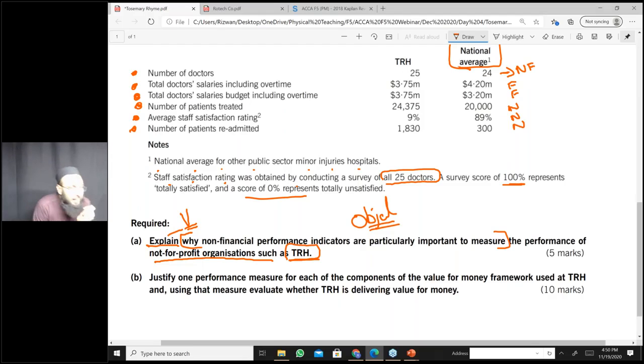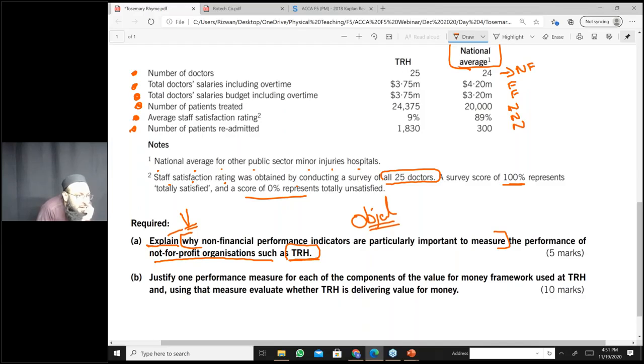So a quick one. What do you think? A raw thought. What is coming to your mind? Are non-financials important for the public sector? What's the first initial thought coming to your mind? Quickly, general points. Why? I just want to see your understanding and knowledge. Because they are not profit based.